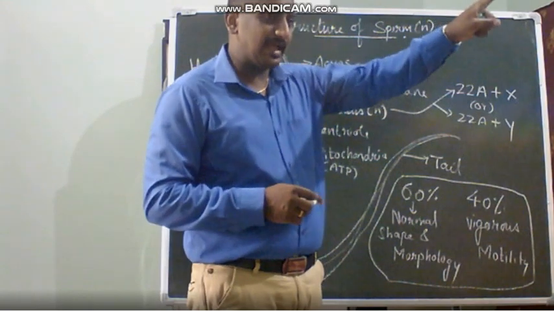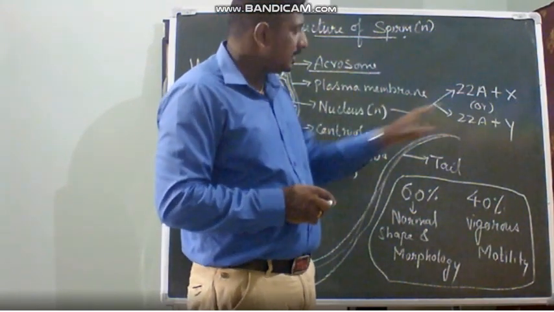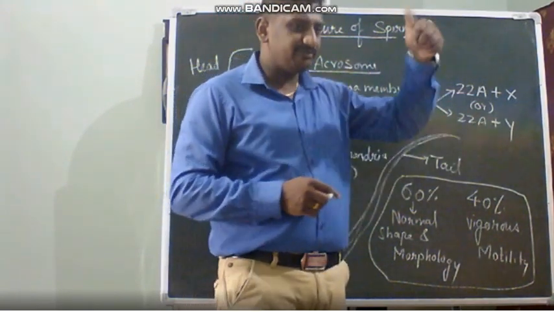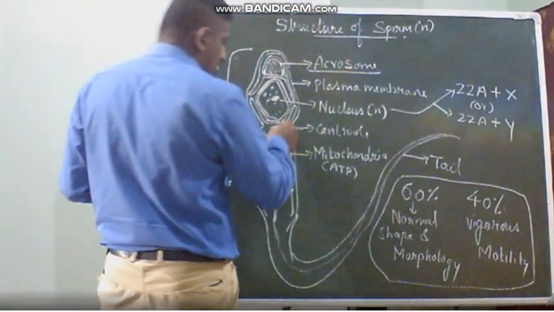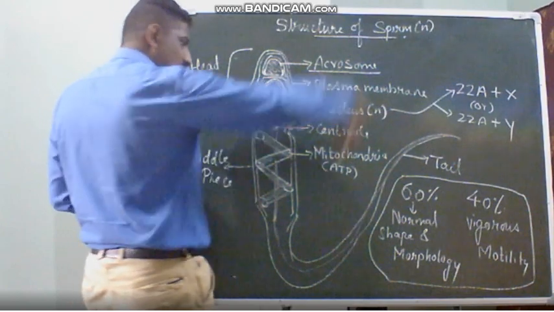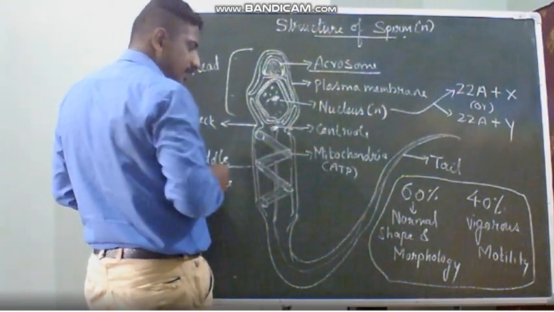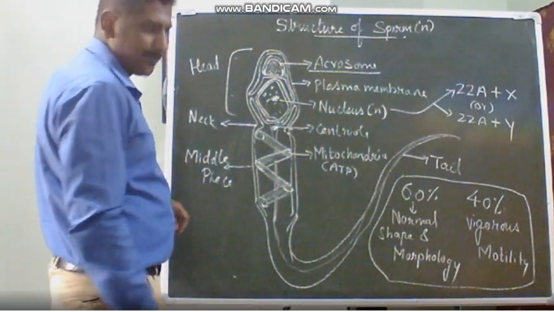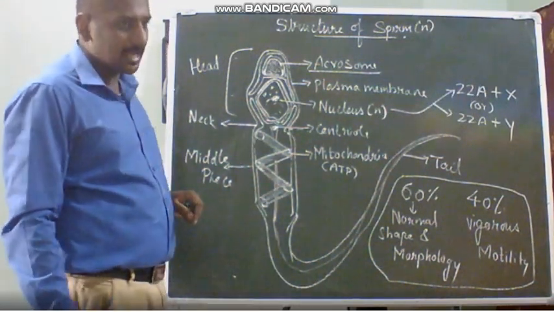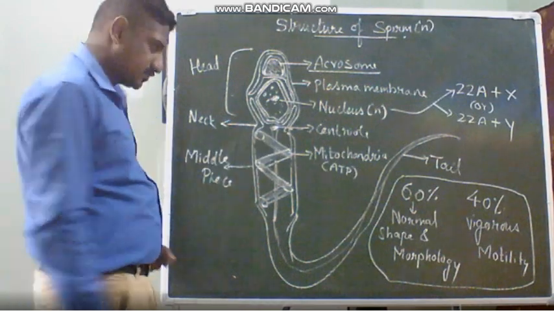If it fertilizes an ovum, it results in a female. A sperm carrying the Y chromosome fertilizing an ovum results in a male. Next we have the centriole, proximal and distal centriole, which runs along the tail. And we have the mitochondria, which gives the energy source for the sperm to wriggle and helps in progressive motility. And the tail helps in moving the sperm forward, that is for motility.